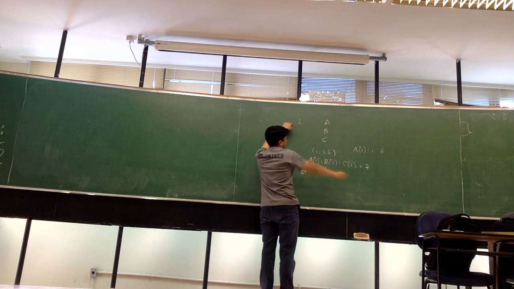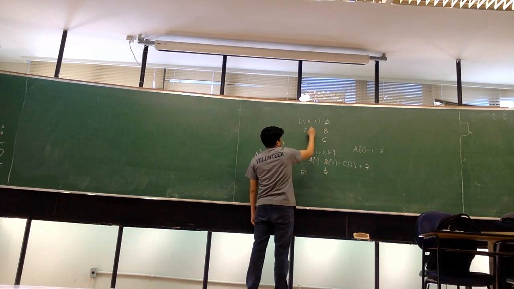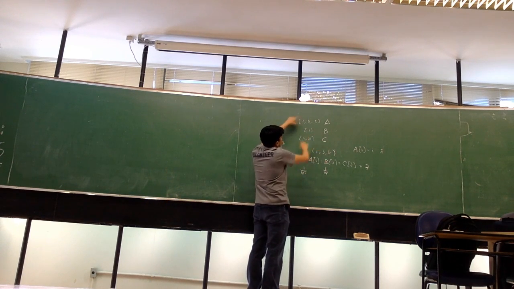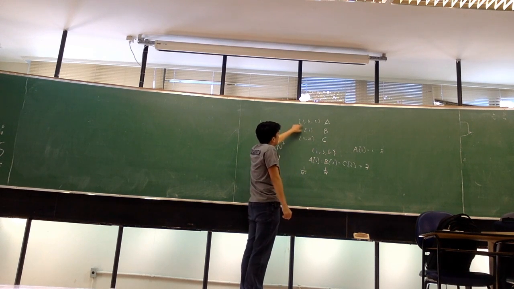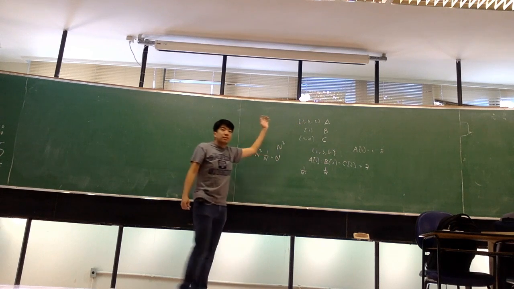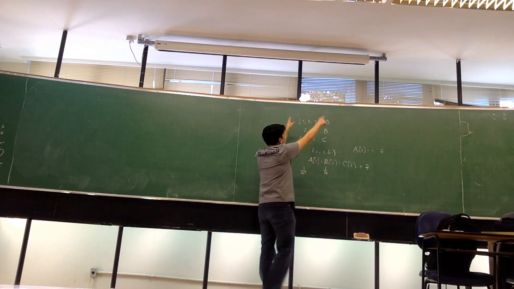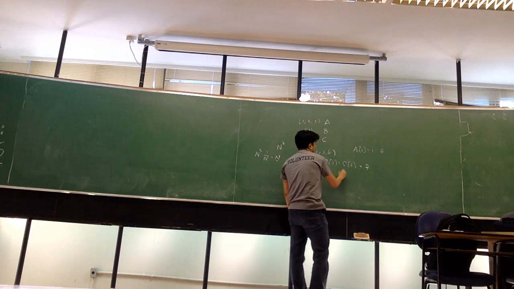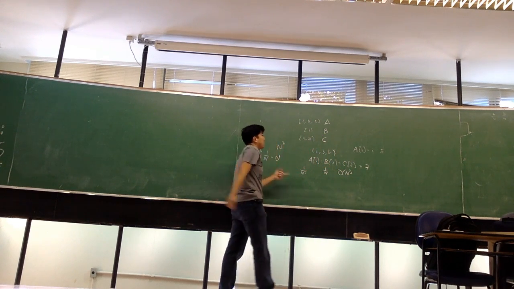So 7 appears in positions 1, 3, 5 in A, in B it appears in 4, and in C it appears in 2 and 8. So every possible choice of an element of A, an element of B, and an element of C will form a valid triple. And finding this, you can do it in linear time. So you can generate all such triples in O of n squared plus the number of triples, which is m.